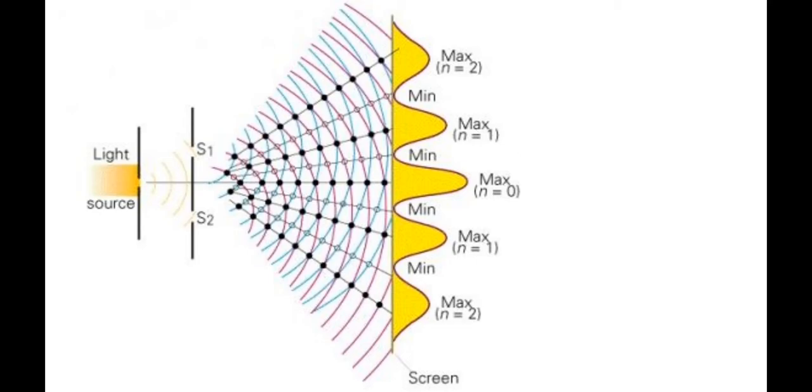A very simple experiment shows how waves interfere. If we take a source of light, like a laser pointer, and illuminate a double slit, two narrow slits, S1 and S2, then at the distant screen we see the picture of interference of two waves. One wave is coming from slit S1, the other wave from slit S2, and at the screen we have this double slit pattern.